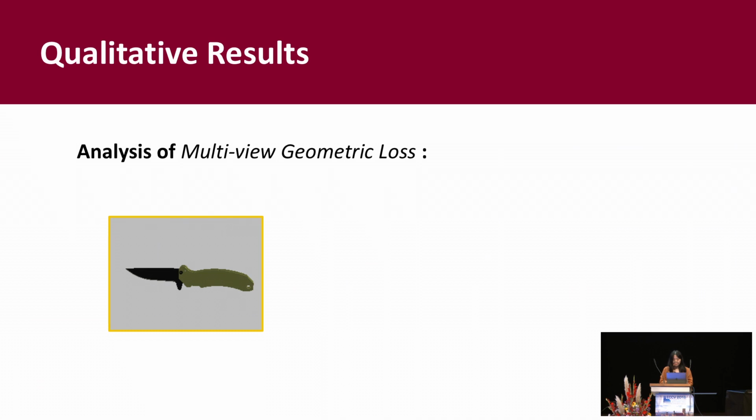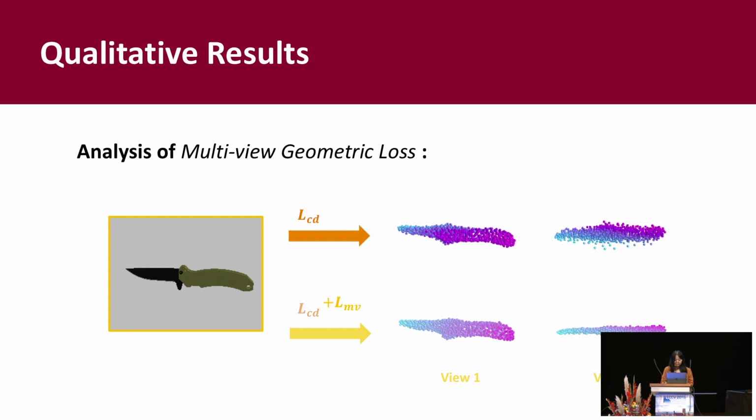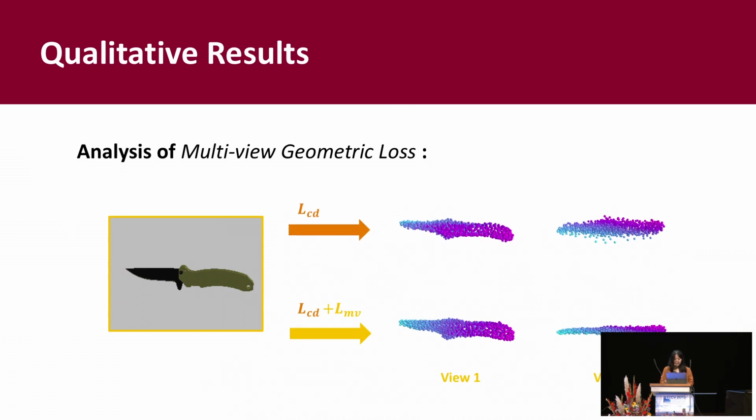Here is the comparison between the trivial generative model and our model with multi-view geometric constraints. As we can see, when observed from the input image view, baseline seems to be comparable with our result. However, when the viewpoint changes, the baseline result could not fit the geometry of the object.